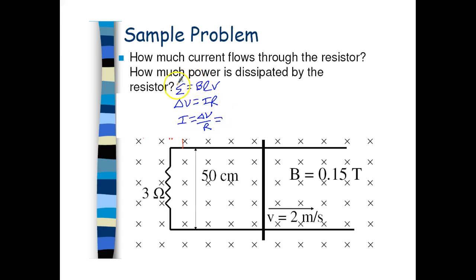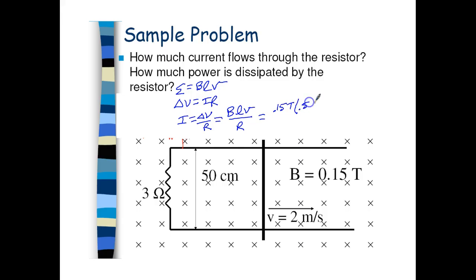Our change of potential we just said is the same as EMF, so that's BLV all over R. Now what we'll do is we'll put a little tail on this v so we don't think it's voltage. We want it to be velocity. So this is equal to 0.15 Tesla. Notice the field is not changing now. The thing that we're changing is the area.